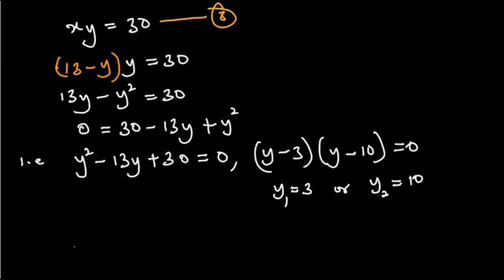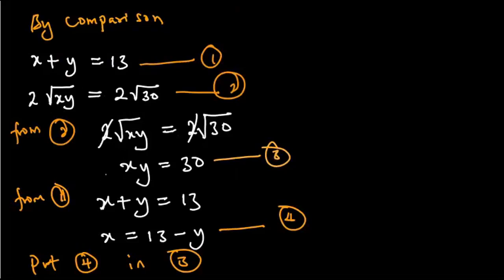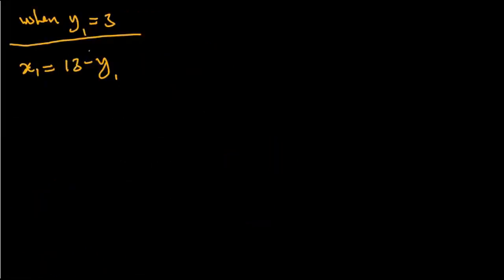So now I've gotten the value of my y, so let's now get the value of our x. You can get x from the fourth equation, and as we know, the fourth equation is x equals 13 minus y. So we want to use the first value of y first.